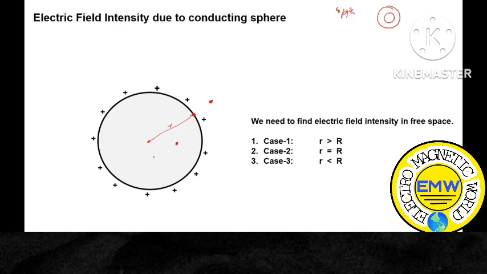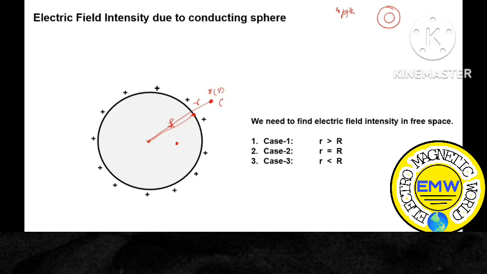One is outside, when r is greater than the radius R. Suppose this is the radius r, the radius of the point of interest where we need to find the electrical field. So we need to find the electrical field at this point of interest having coordinates maybe r, theta and phi.